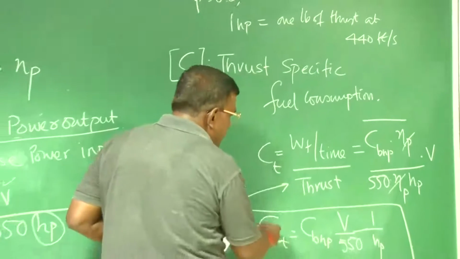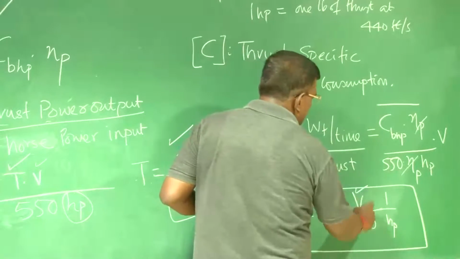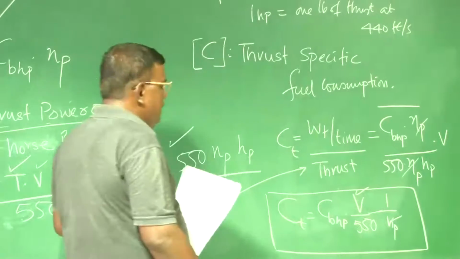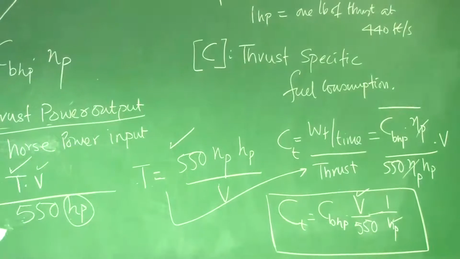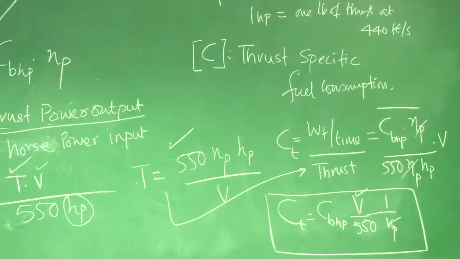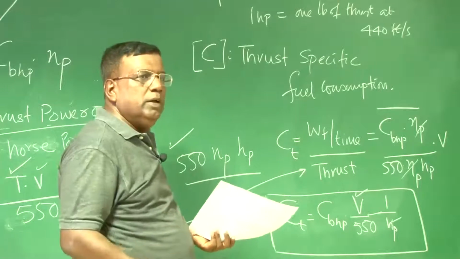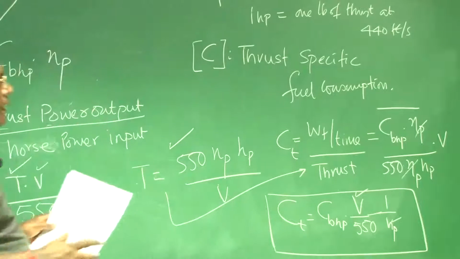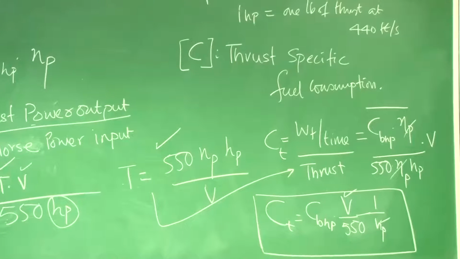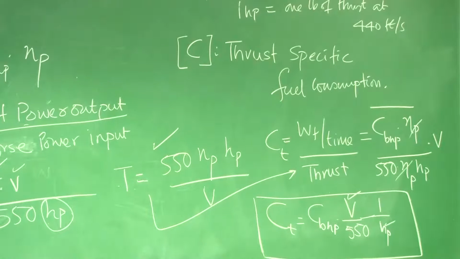But you could also see that this relationship demands the value of V, NP, and CT and CBHP are also functions of what sort of setting you have got in the engine. But as I am repeatedly telling, so far the exercise is to get an approximate number so that I can start configuring the airplane, which is my preliminary configuration design.